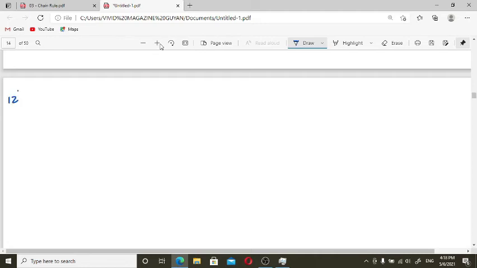So number 12, y is equal to 5x cubed minus 3 raised to the 5th, and the 4th root of minus 4x to the 5th minus 3. So this is my u and this is my v.